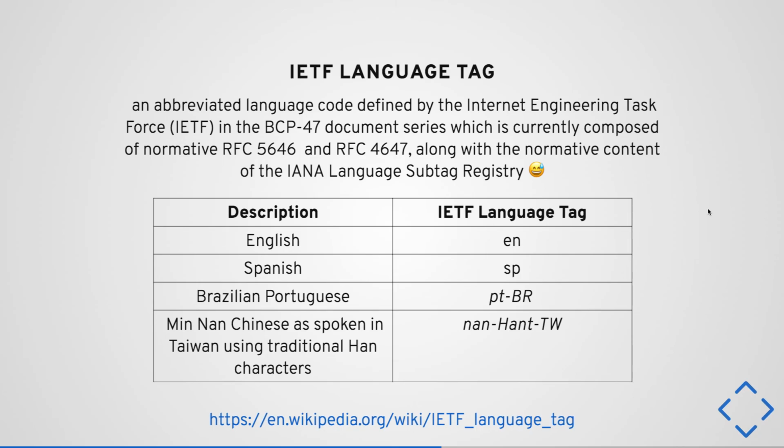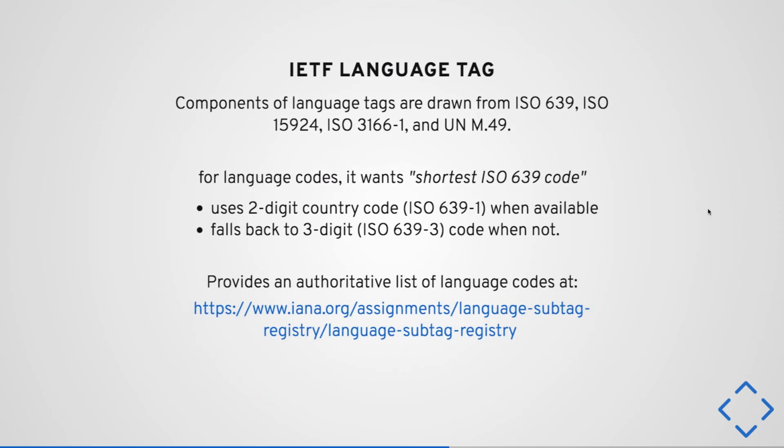This is legitimate stuff. I won't go into detail because it's kind of boring. But the gist is this uses the 2-digit code when it's there, the -1, and when it's not there, it'll go to the 3-digit one. But it prefers the shortest one possible.